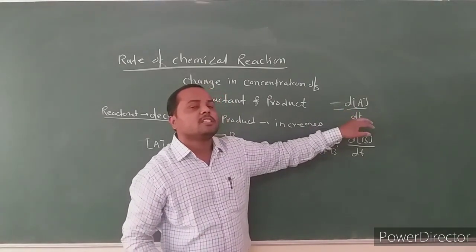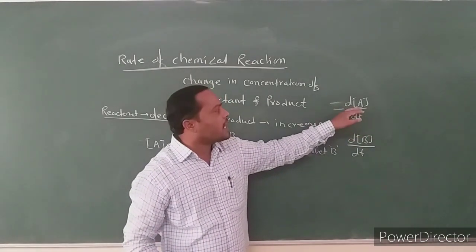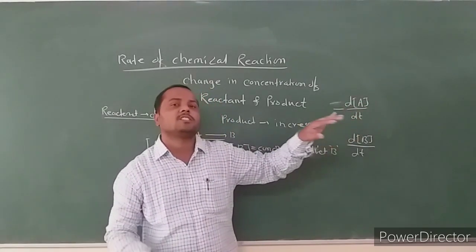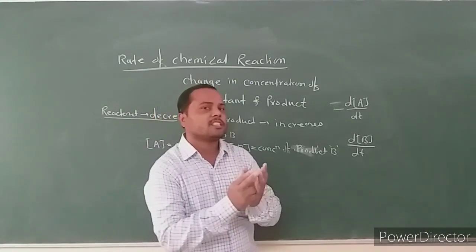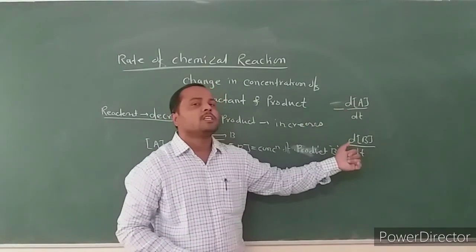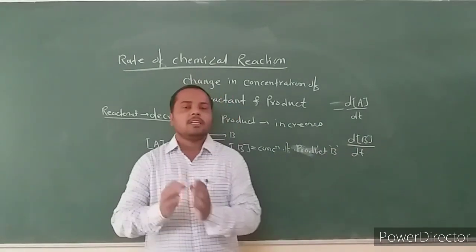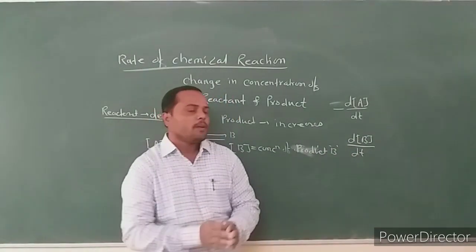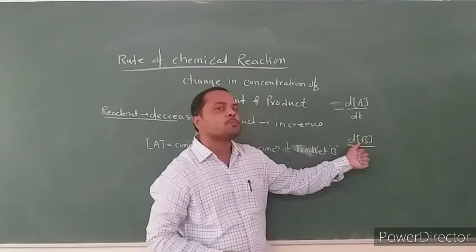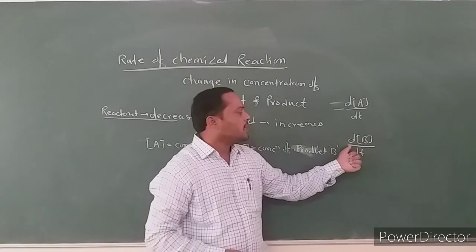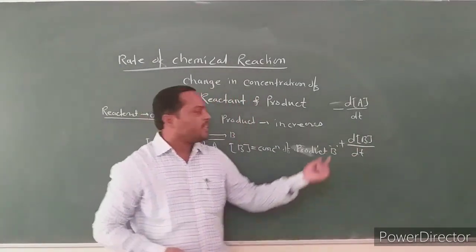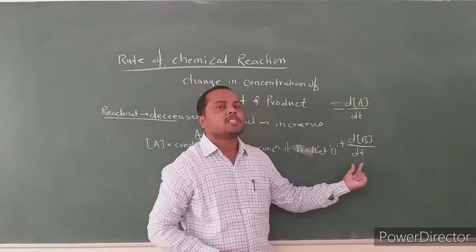Similarly, the increased concentration of product B with time is represented by d[B], a small change in concentration. It is an increase, so there is no need to show the plus sign, and this concentration increases with time dt.